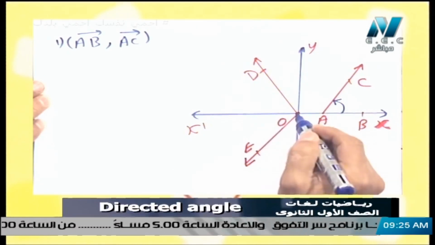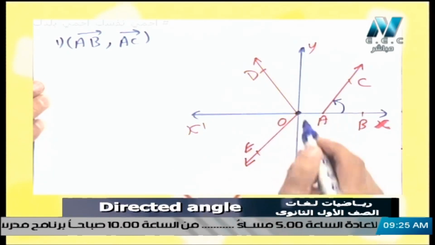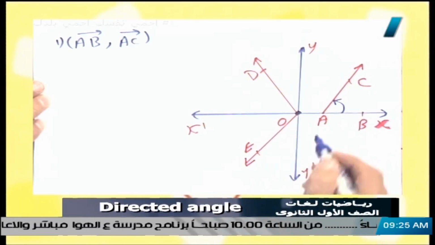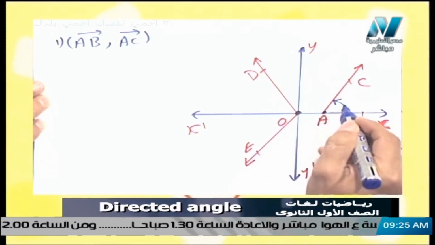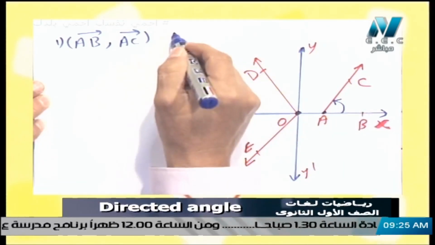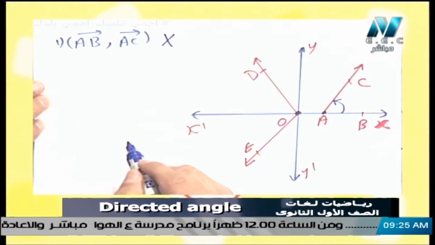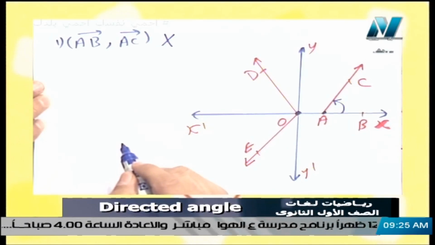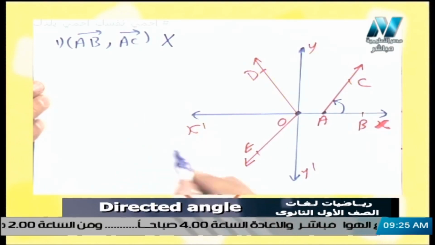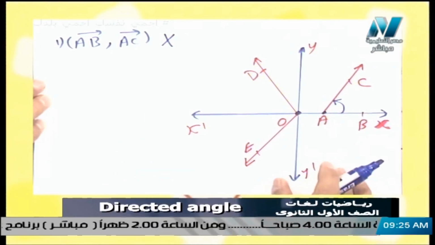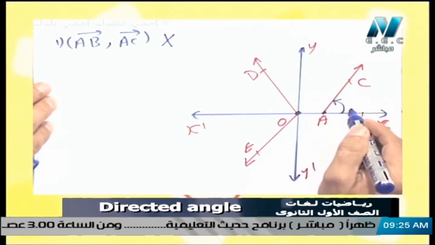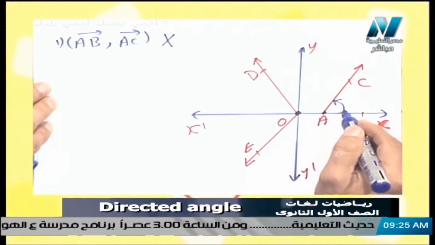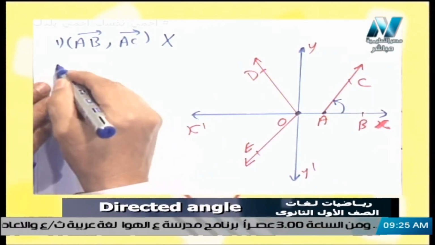The first, its vertex must be the origin point. Is this angle's vertex here the origin point? No. So this ordered pair is not expressing a directed angle in standard position. So this angle is not in the standard position.